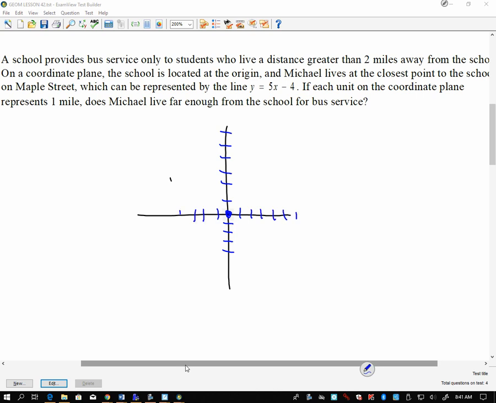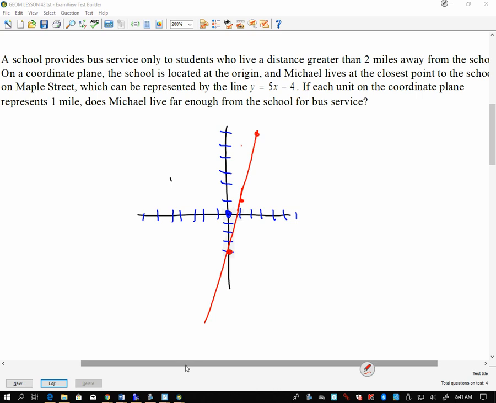This is where you would really be better off with a grid, but in any case, we got a y-intercept of -4. It's going to go up 5 over 1, right? 1, 2, 3, 4, 5 over 1. So we get a road that looks something like that, but we can't guess at it.